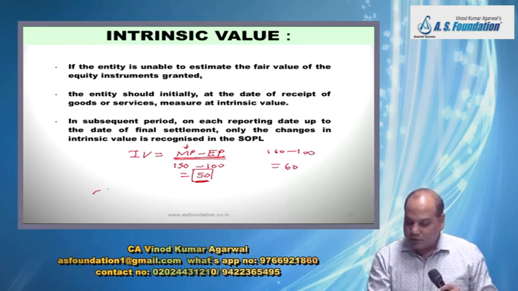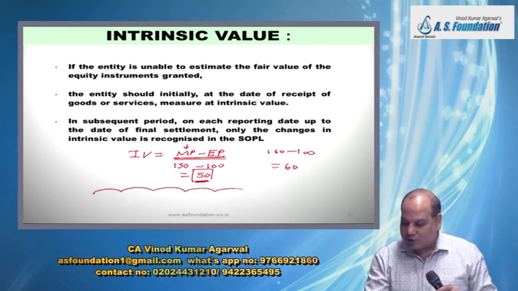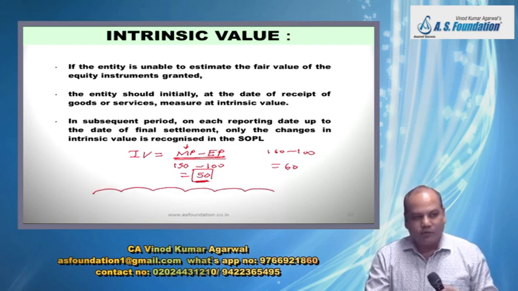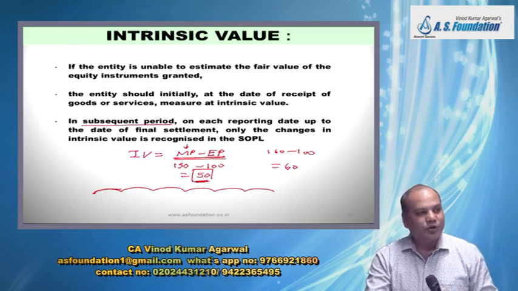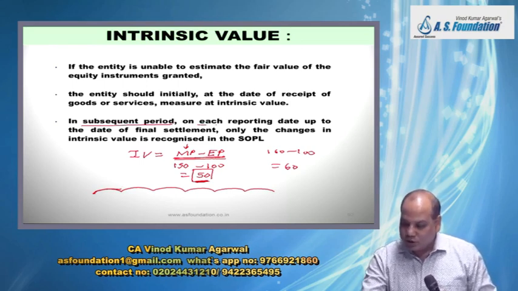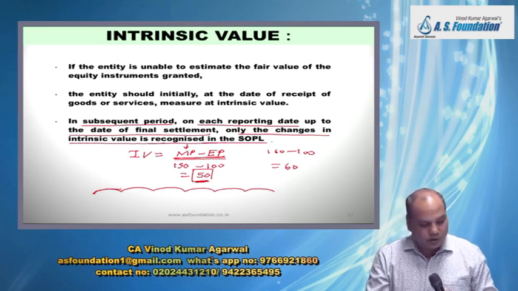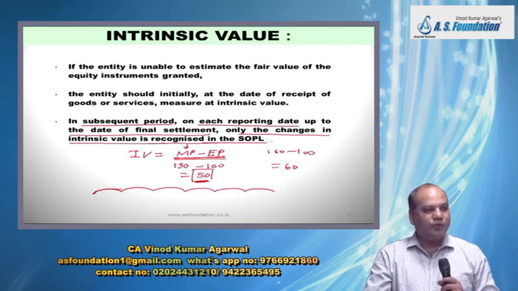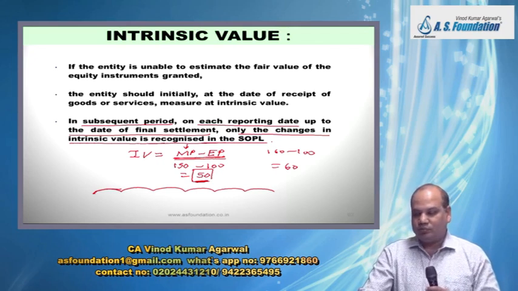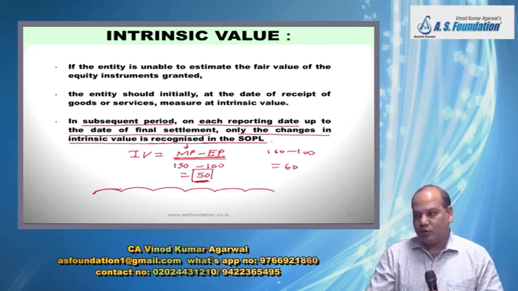So the standard is saying that as the share price is changing, the value of the service that the employee is rendering is also changing. So therefore, if you are using intrinsic value on each subsequent period and on each reporting date up to the date of final settlement, changes in intrinsic value will be recognized in statement of profit and loss. Okay.